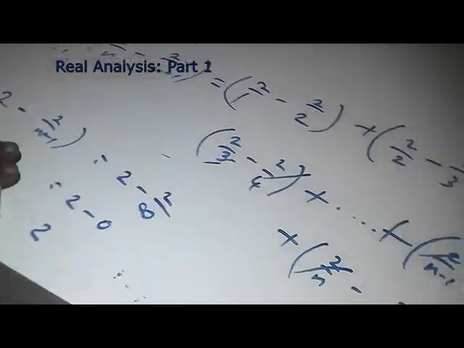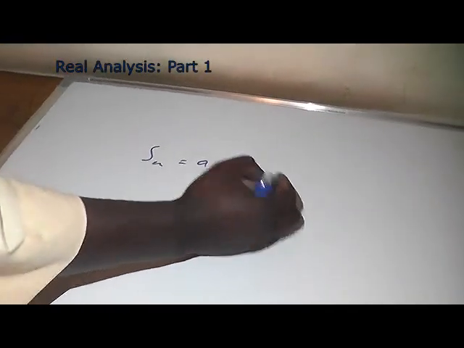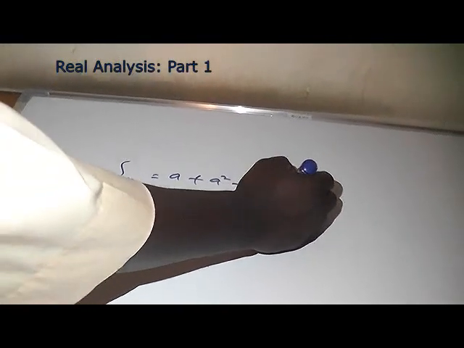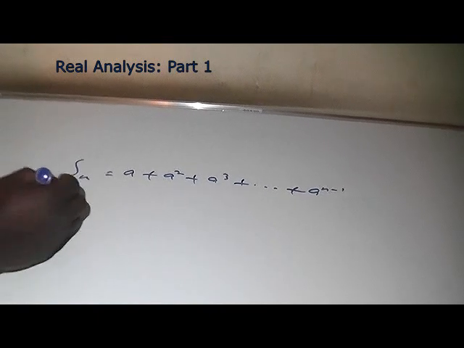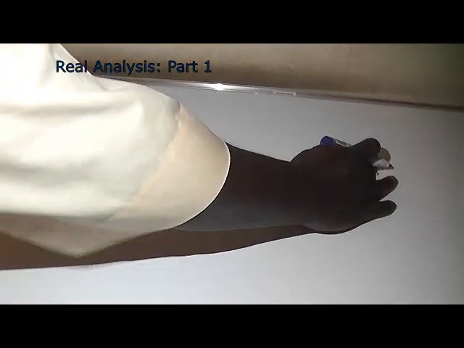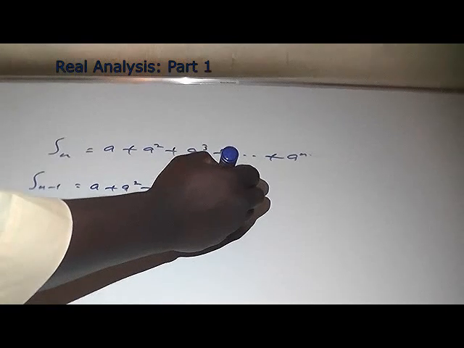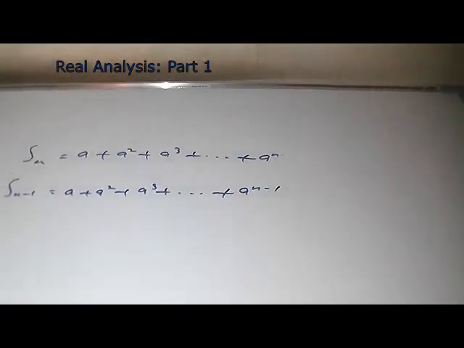Now, to check the convergence of a series, a necessary condition is that the sequence converges to 0. If we have the terms a1, a2, a3, up to a(n-1), and the partial sums S(n-1) and Sn, this is a1 plus a2 plus a3 up to a(n-1).